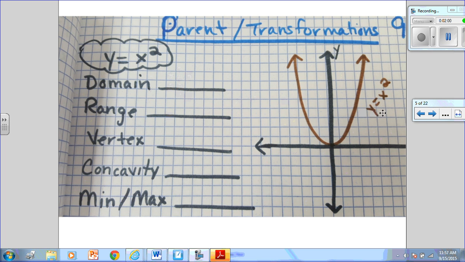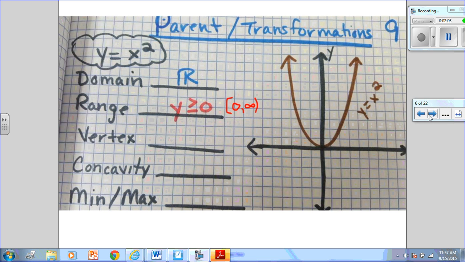The domain for any parabola that's not associated with any kind of word problem or application is always going to be all real numbers. Okay, and I actually wrote 2 things here. The domain is all real numbers. I put the fancy R. And then the range for this problem actually starts here at 0 and it goes up, therefore it's greater than or equal to 0. Okay, this is algebraic notation.